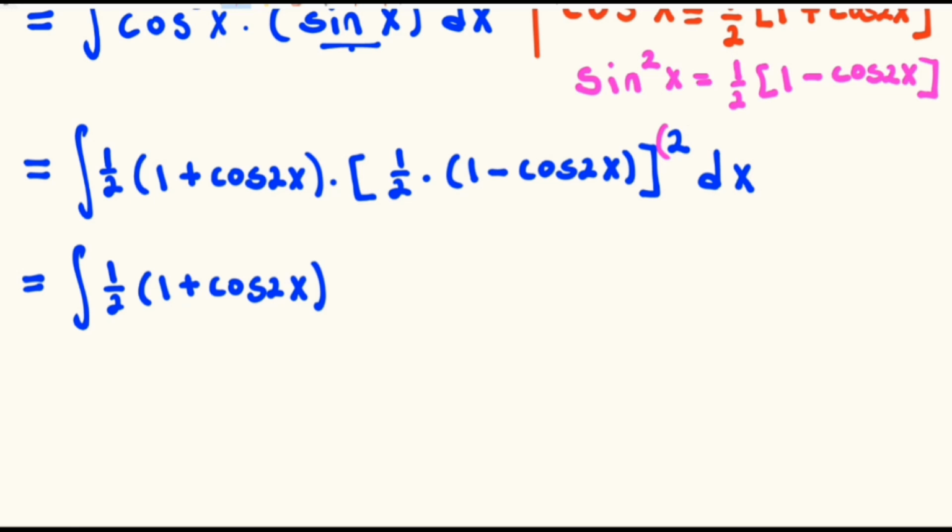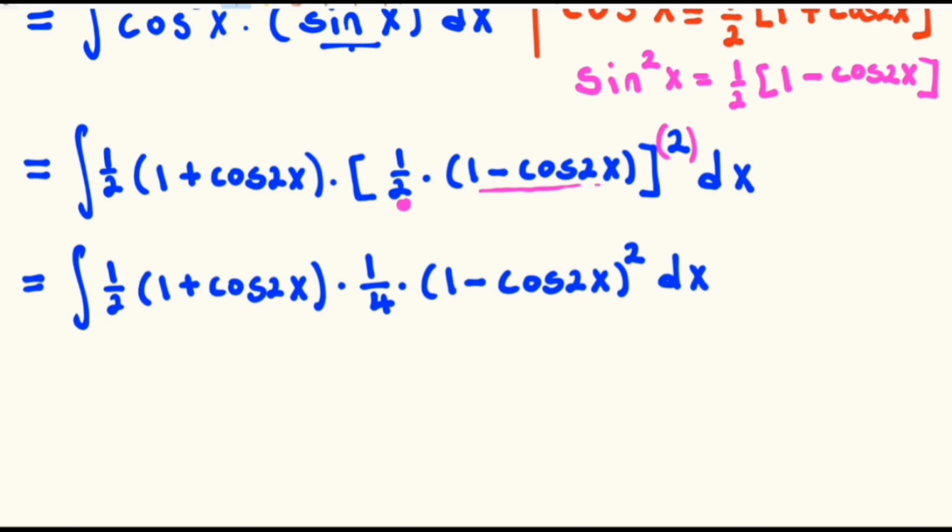The square is affecting both the half and the 1 minus cos 2x, so 1 over 2 squared will be equals to 1 over 4 multiplied by 1 minus cos 2x squared dx.